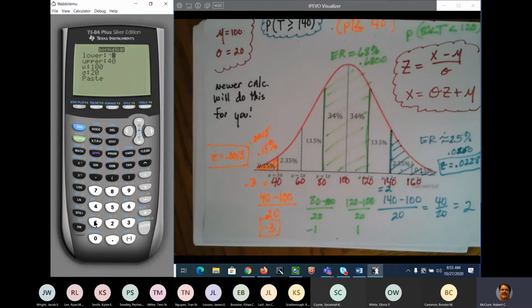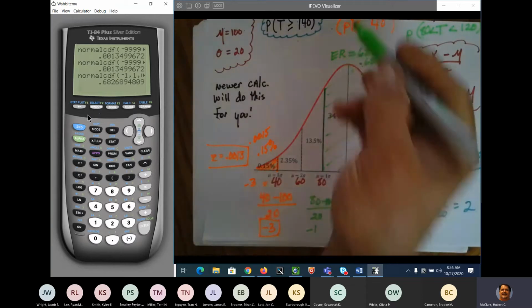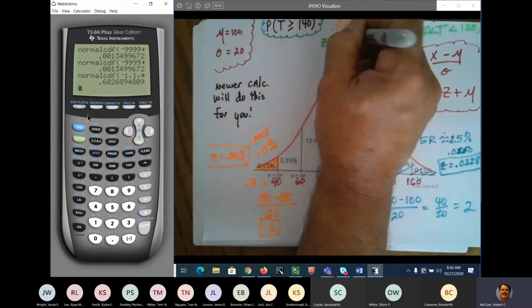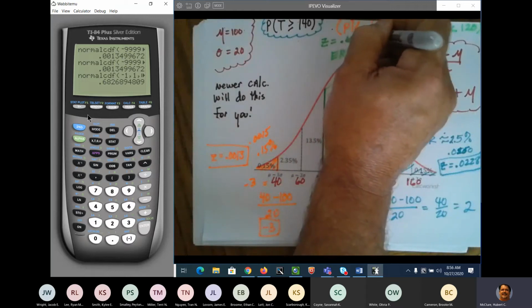I'm going from -1 to +1, and mean is equal to 0. Standard deviation is equal to 1. 0.6827 is what the z-score gave me.